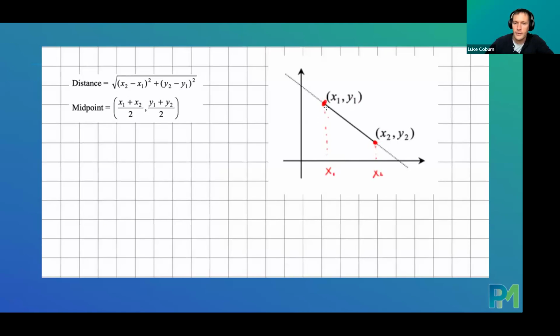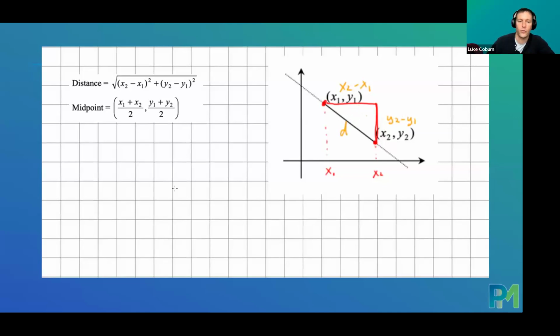We're going to make a right angle triangle from this. This side up here is x2 minus x1, this side here is y2 minus y1, and this side here is the distance.